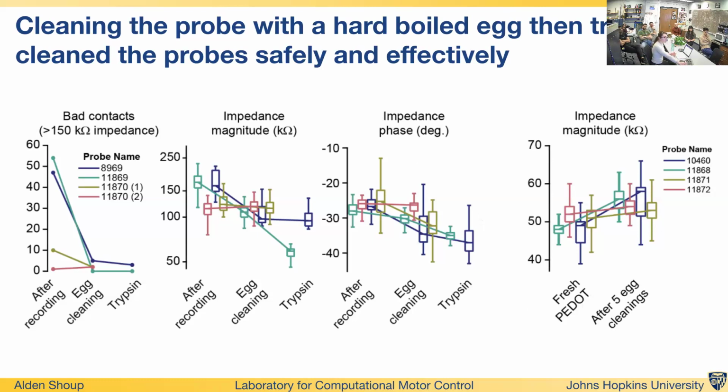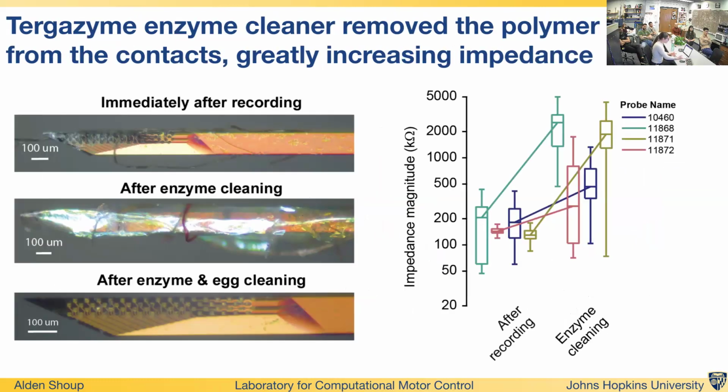In addition to that, we had been using Tergazyme to clean the heptodes and tetrodes, and then when we used it on the silicon probes, we realized that it's not really doing what it's supposed to do. It was kind of messing the probes up, so we decided to quantify this process. We saw that the Tergazyme was actually stripping the PEDOT coating off of the probes.